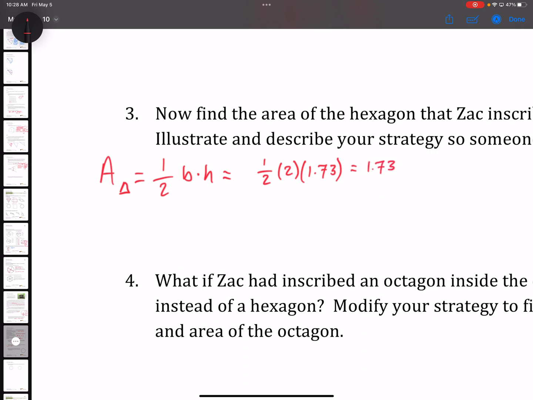So the area of our single triangle is 1.73. There are 6 triangles, so the area of the hexagon equals 6 times the area of one triangle, or 6 times 1.73.